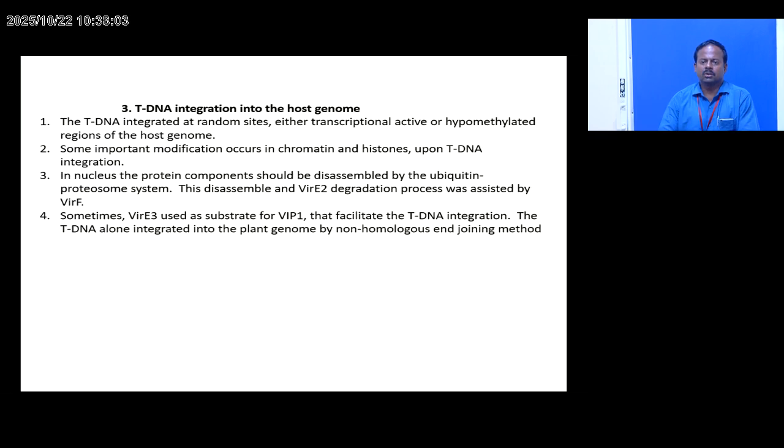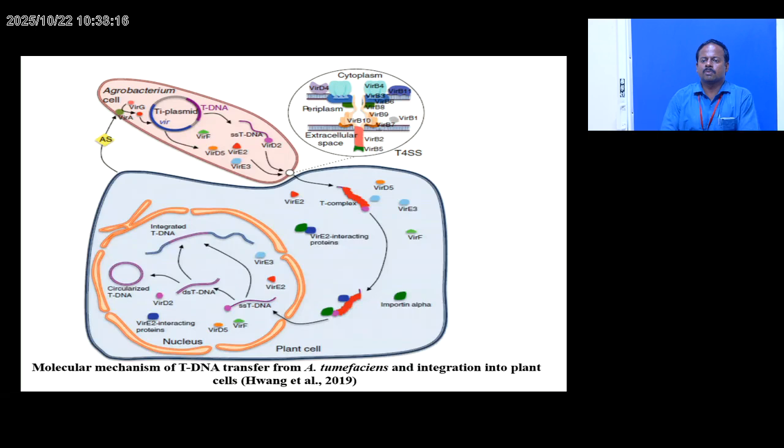The T-DNA alone integrates into the plant genome by non-homologous end joining, also called illegitimate recombination or random integration.